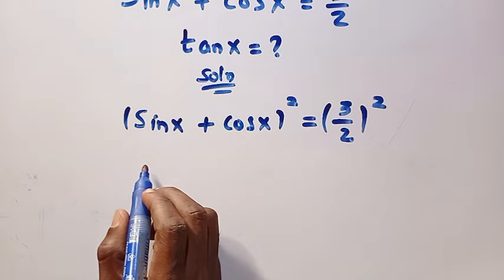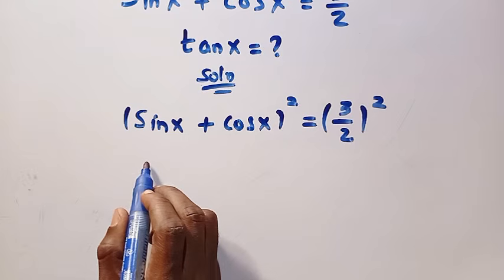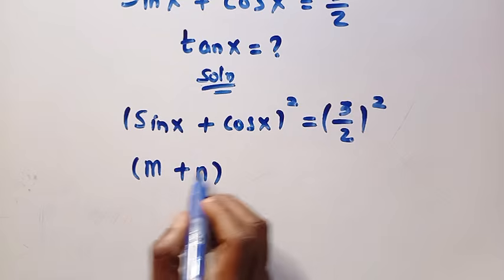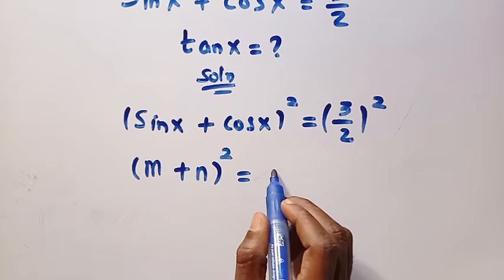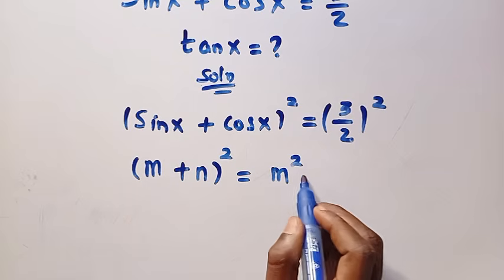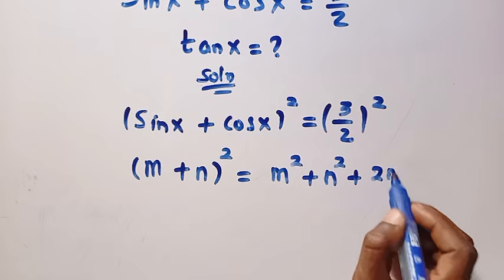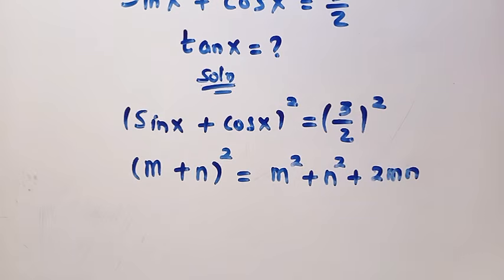Looking at these expressions, let's say I have (m plus n) squared. This gives us m squared plus n squared plus 2mn.